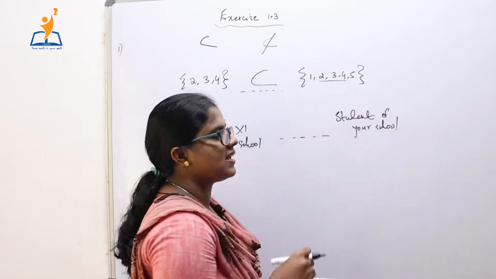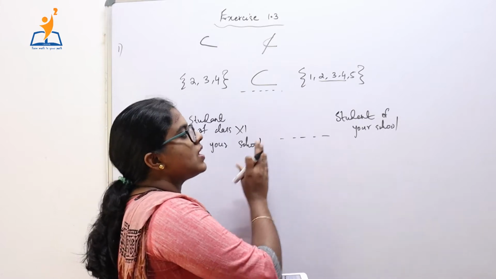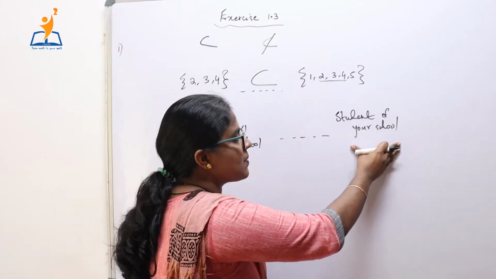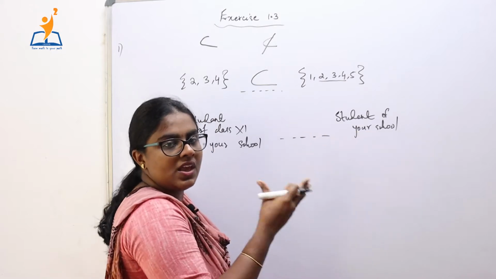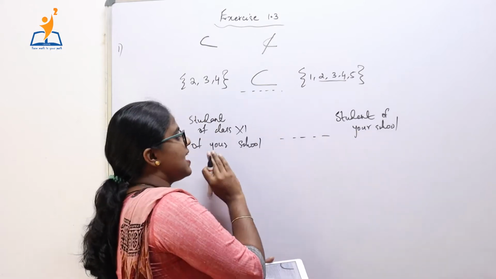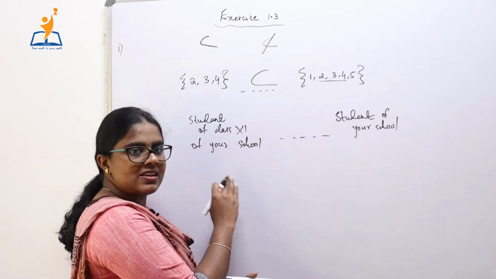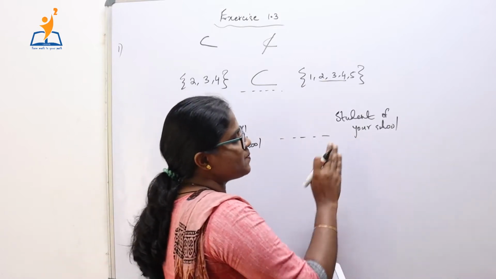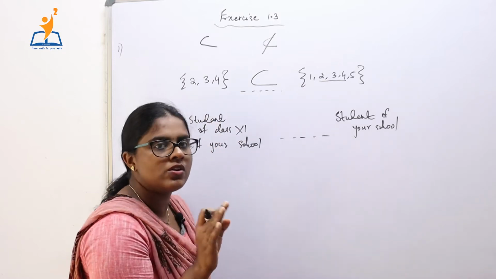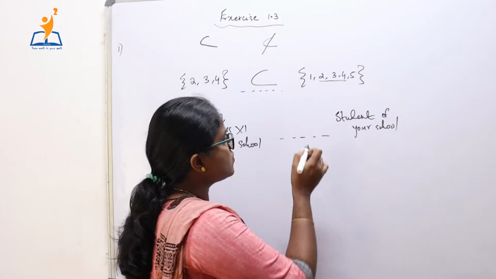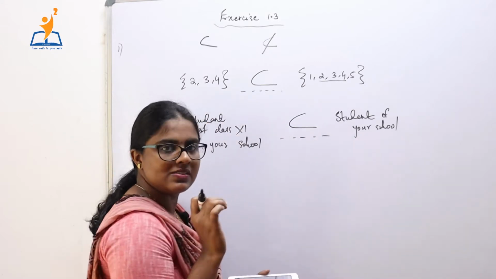So of course all the students of 11th standard will be present in that set, because it contains all the students of the school. Every element of this set, the 11th standard students, is always present in that set, the set of all students of the school. So we can say that this set is a subset of that set.